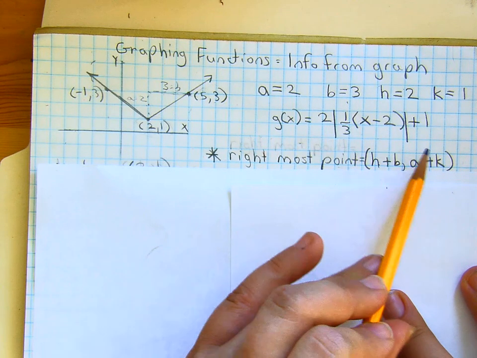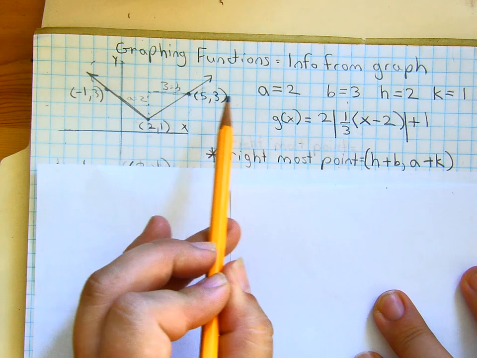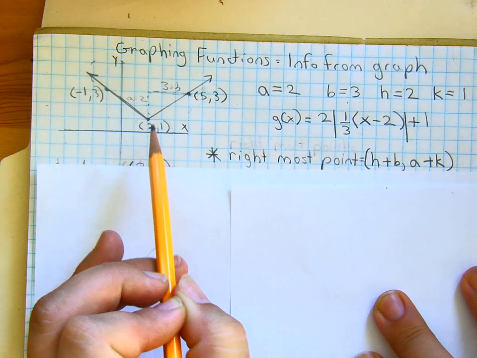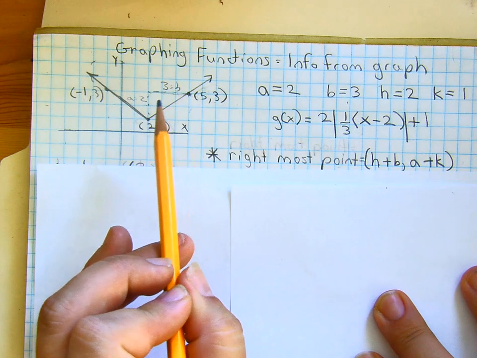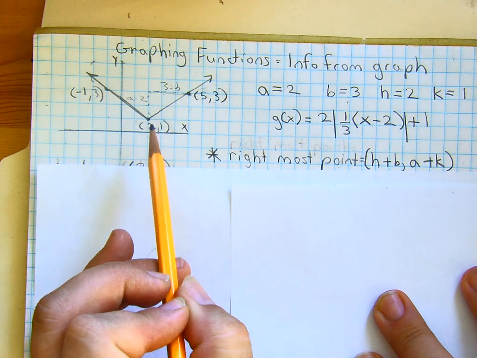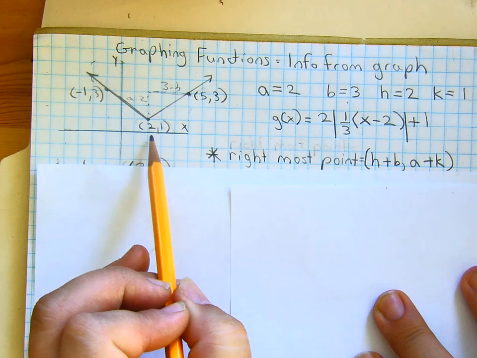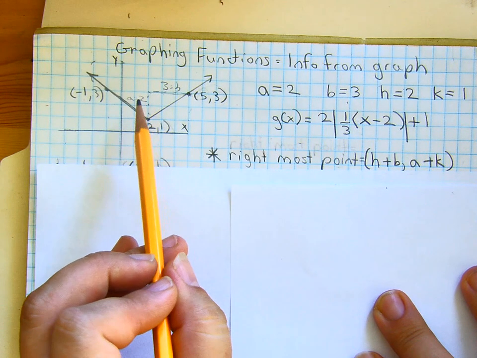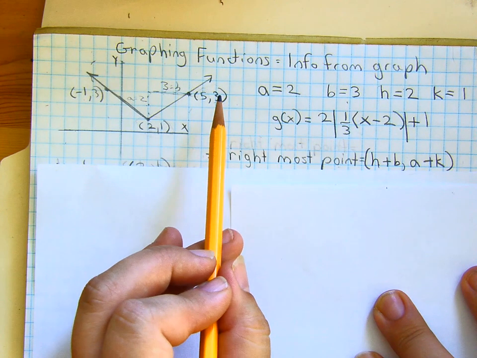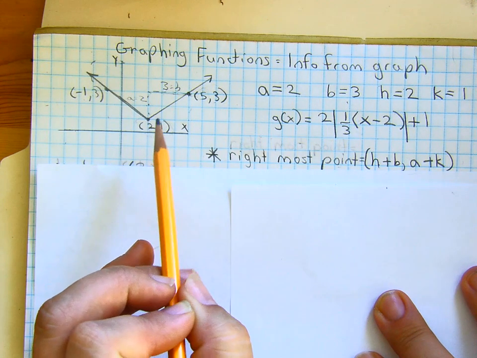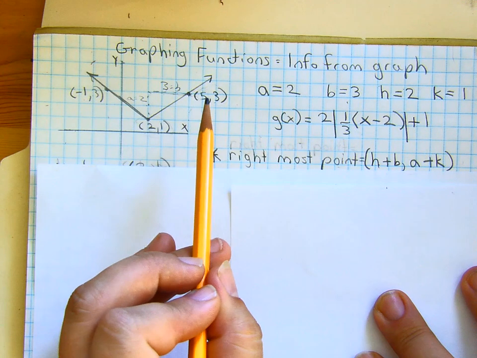So it's a very interesting connection to make of how you could use this and this to find your a and your b, or vice versa. How you can add your a to your h, and your a to your k to get this number here, and your h to your b to get this number here.